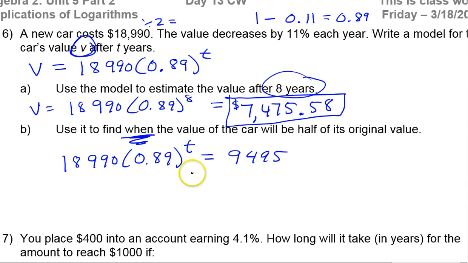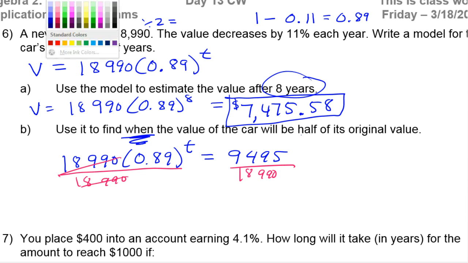All right. So, what's my next step? Divide both sides by 18,990. Exactly. Okay, so those are going to cancel out.